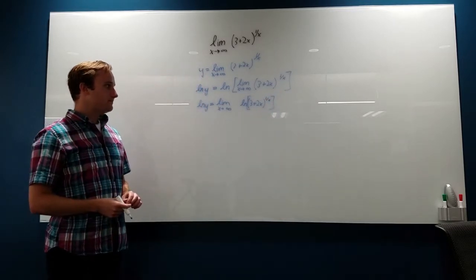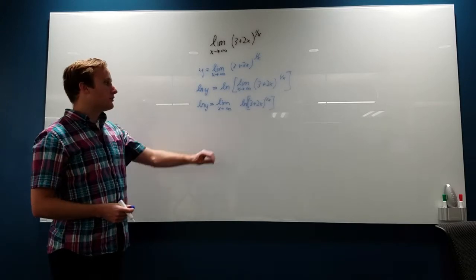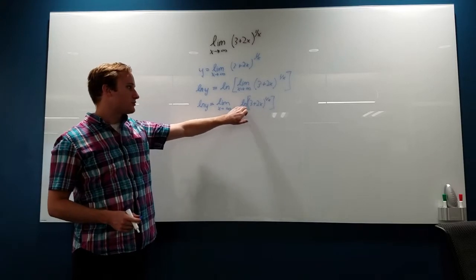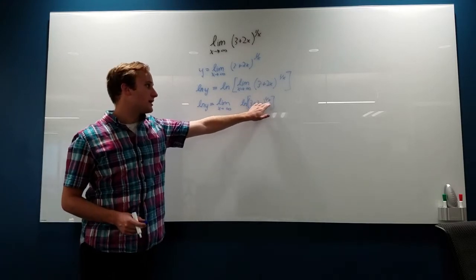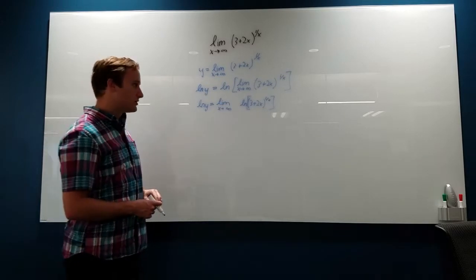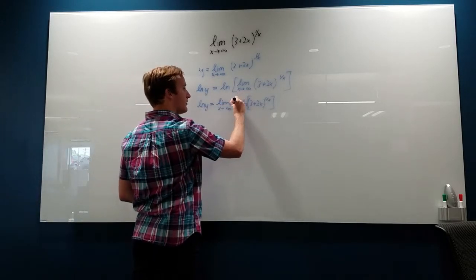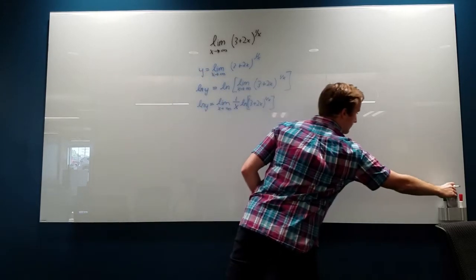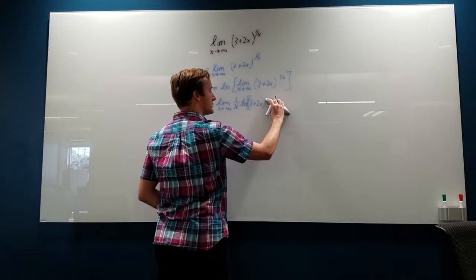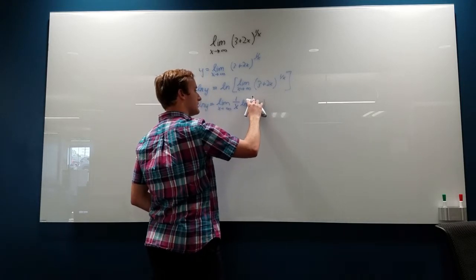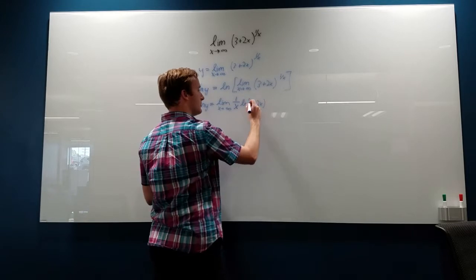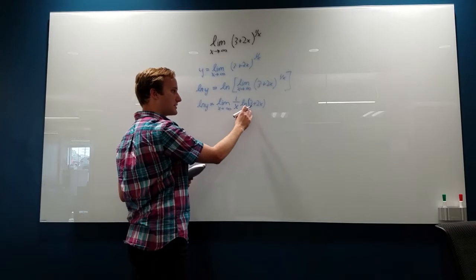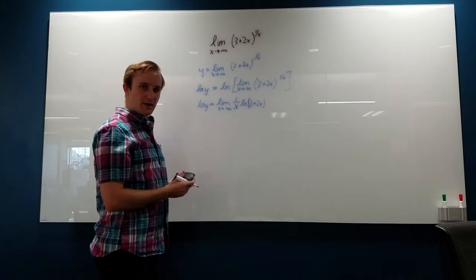This is helpful because one of the properties of natural logarithms is that if we have the natural log of something to an exponent, we can bring that exponent out to the front. So I can write 1 over x times the natural log of 3 plus 2x. So now we have the limit as x approaches infinity of 1 over x times the natural log of 3 plus 2x.